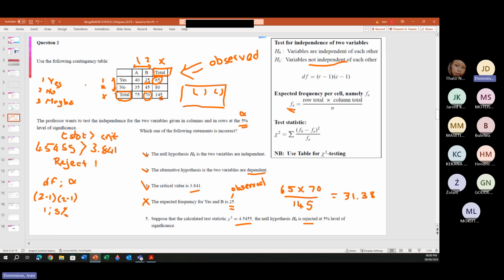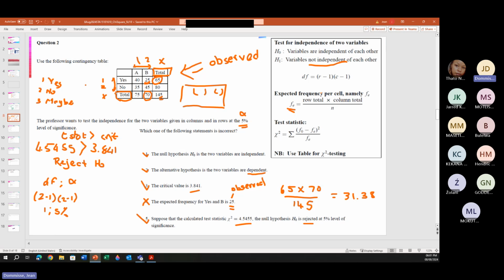So they have given us enough information, with the critical value for 5%. If they haven't asked us to work out the critical value, you could still have worked it out in question 5, because they have given us enough information to work it out. So we covered H0, H1. We covered degrees of freedom because we needed to get to a critical value.